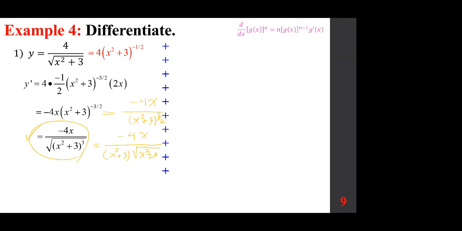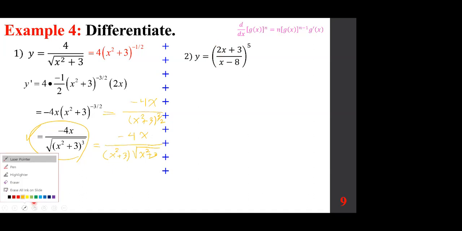Okay. Let's look at the next example. Now think of it as g of x to the power of n, where g of x is 2x plus 3 over x minus 8.